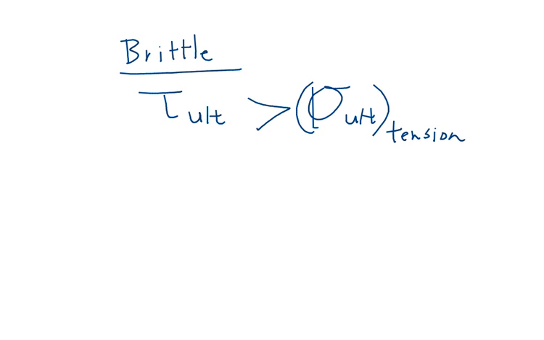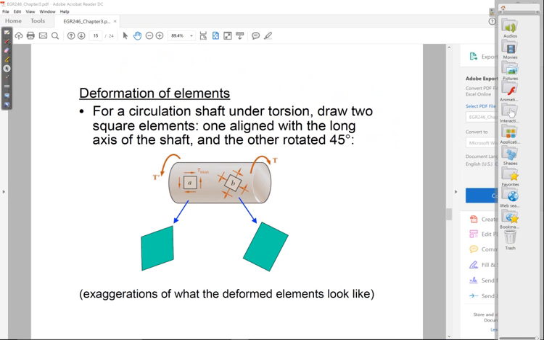Let's imagine what's going to happen. I take this shaft that's made out of a brittle material, I grip both ends and I start twisting on it. In the vertical direction, up and down, we know it's in pure torsion. At 45 degrees, we know it's in tension, and that tensile stress is going to reach its ultimate value before the shear reaches its ultimate value.